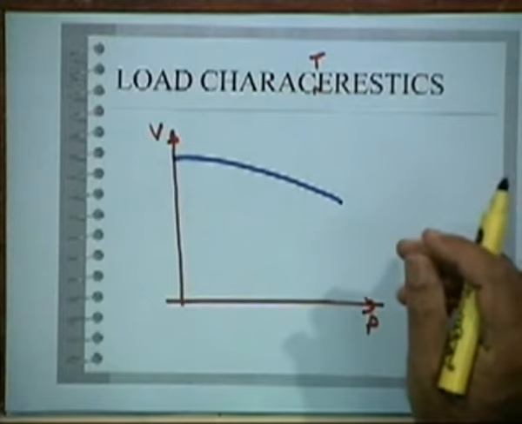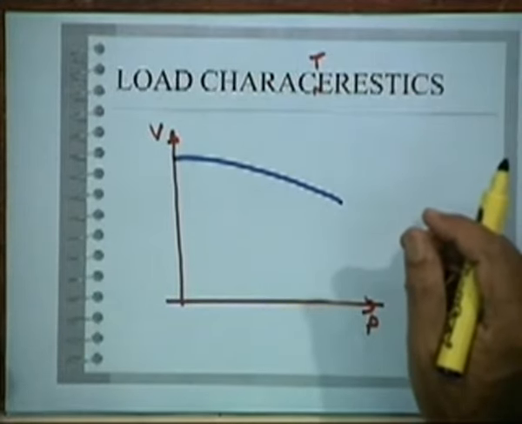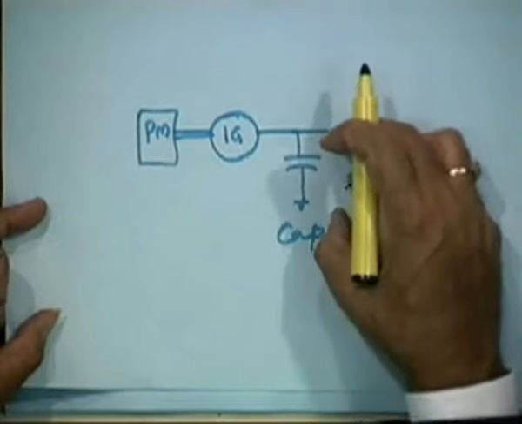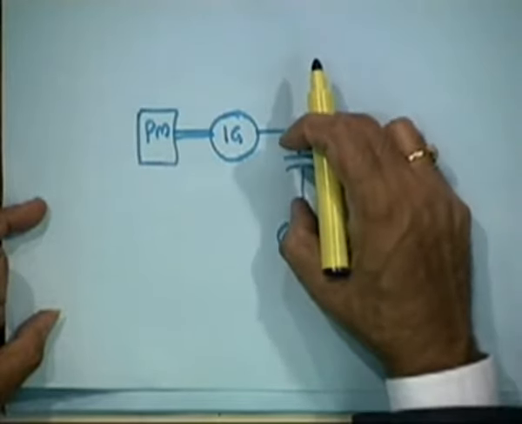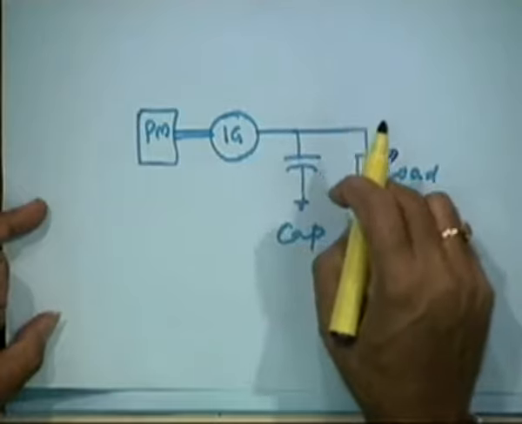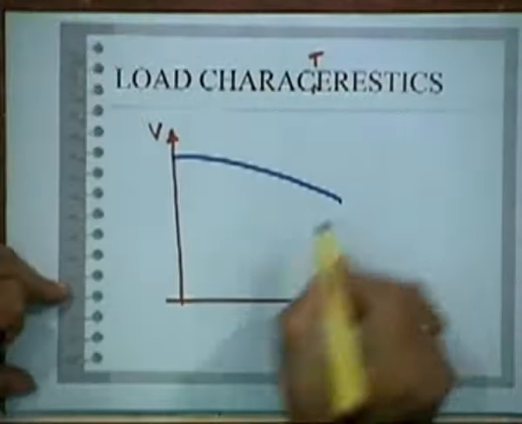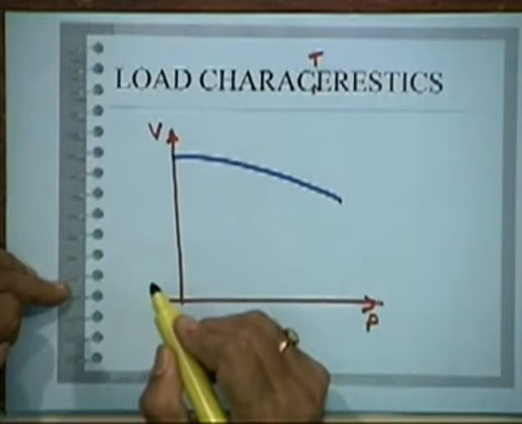Because when there is a reduction in voltage, then capacitor VAR will also reduce, isn't it? You have connected a capacitor at the terminal, so if you connect a load at the machine, the voltage will go down, so VAR will go down, and accordingly there will be some cumulative effects. So the voltage will come down.